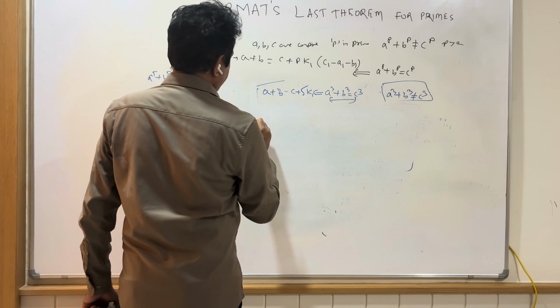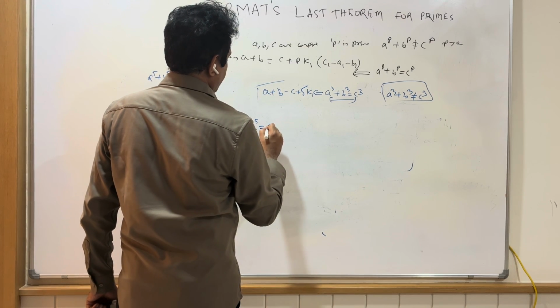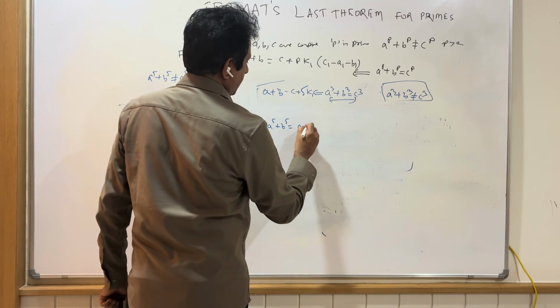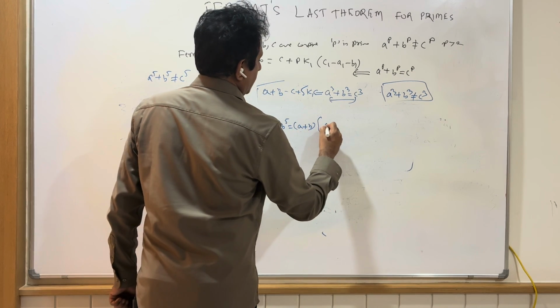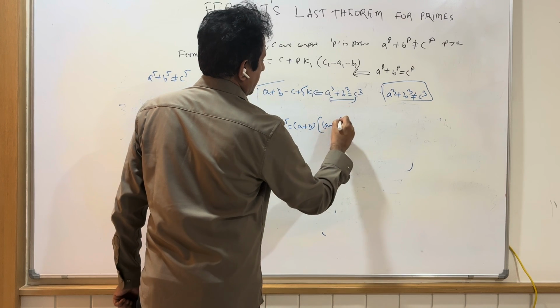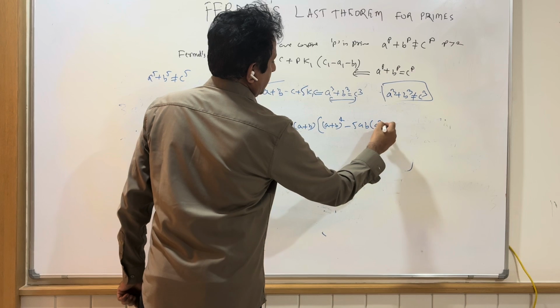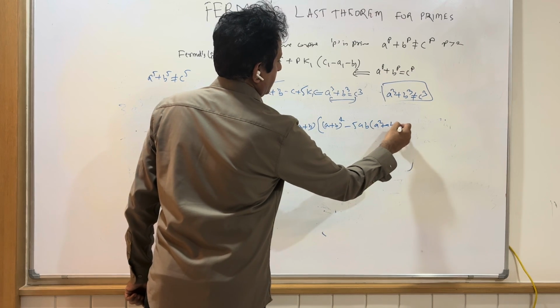So c power 5 is equal to a power 5 plus b power 5, if at all. Once again, it has a factor of a plus b. It will be a plus b times a plus b power 4 minus 5ab into, I think, a square plus ab plus b square.